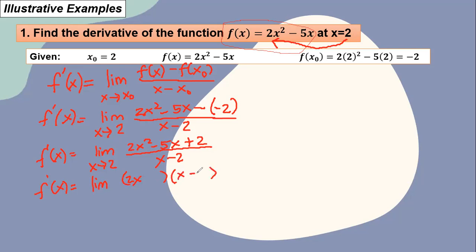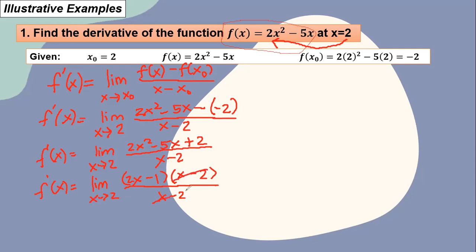So, we have x minus 2 and 2x minus 1. Right? So, that is the factor of the expression on the numerator, over x minus 2 as x approaches 2.